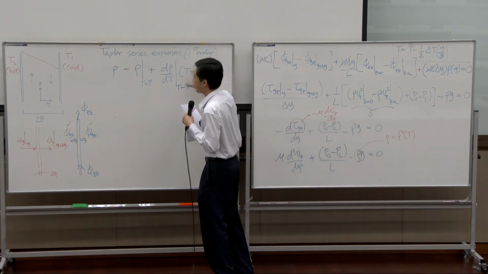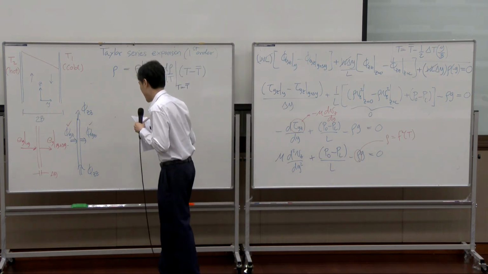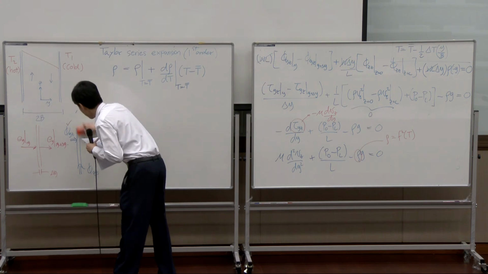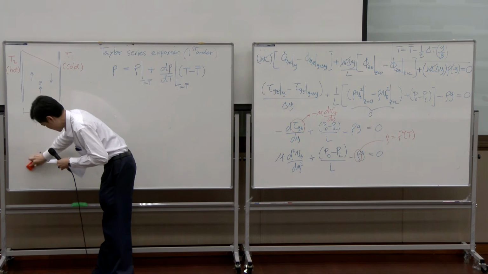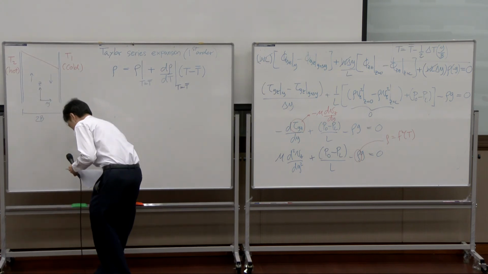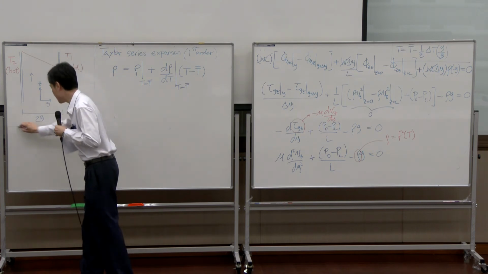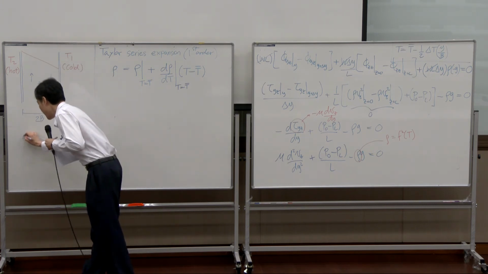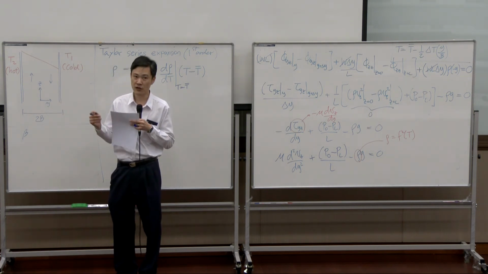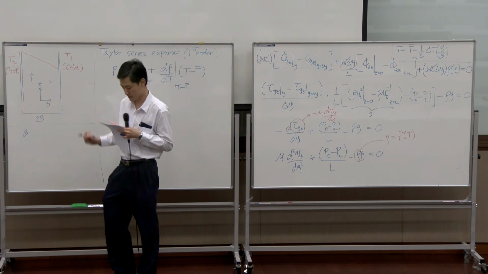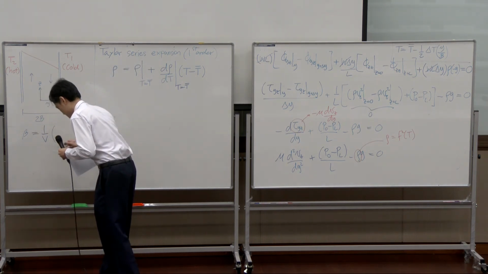Of course, we cannot avoid thermodynamics. According to thermodynamics, we have one variable called the coefficient of thermal expansion, beta. Beta was defined like so.